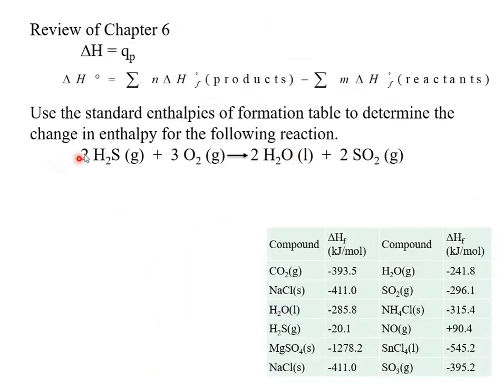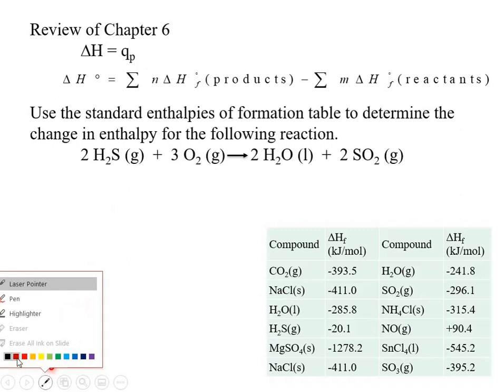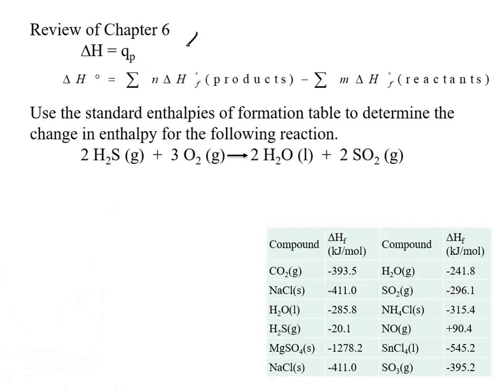Other things from chapter 6 we want to review is the fact that the delta H stands for enthalpy, and that the enthalpy is equal to the heat at constant pressure.